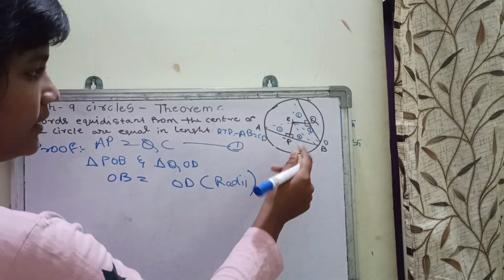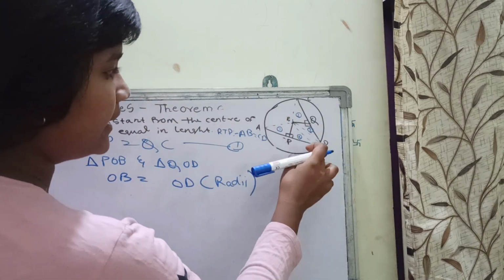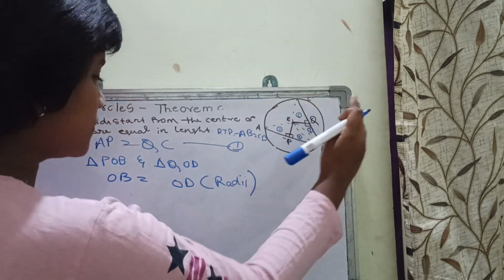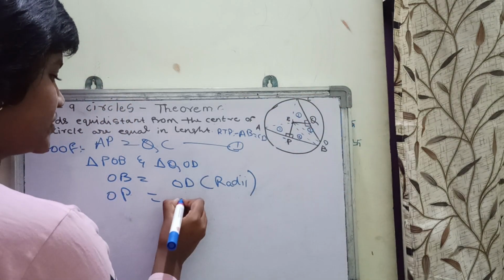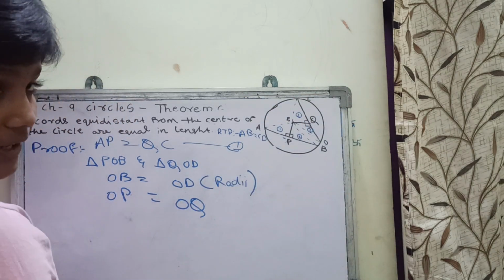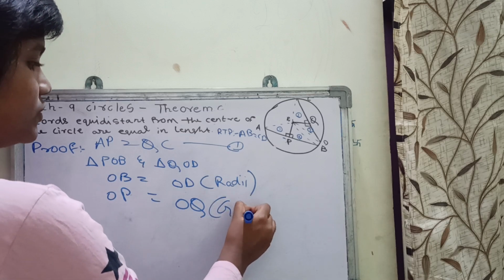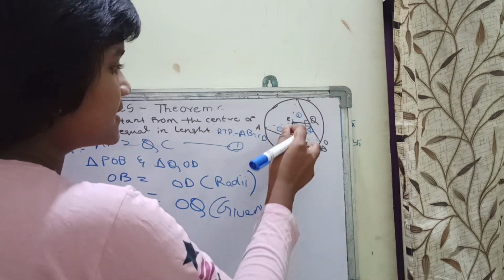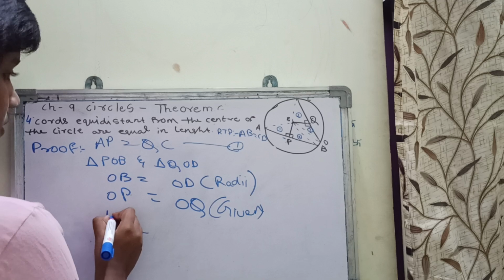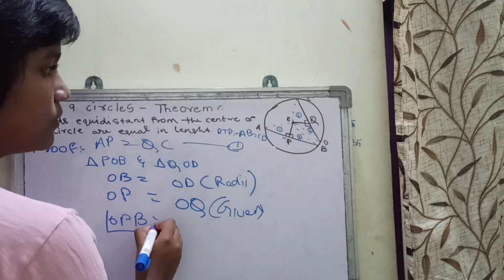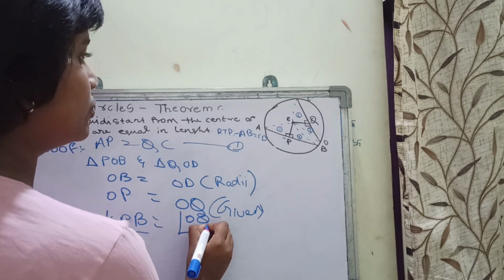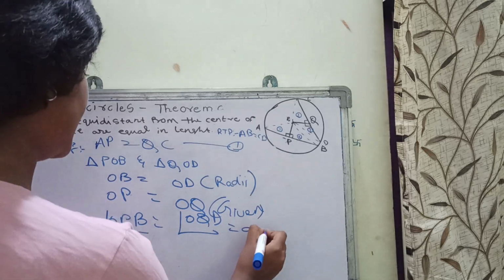And what else is there? OP is equal to OQ. We already know that, it is given. We used it in the first triangle also. What else is there? The 90 degrees. Angle OPB is equal to angle OQD, that is equal to 90 degrees.